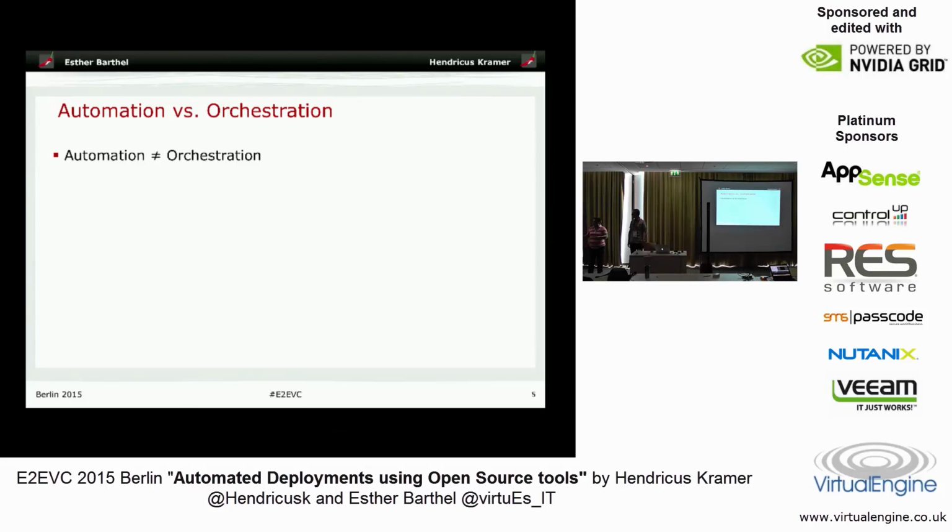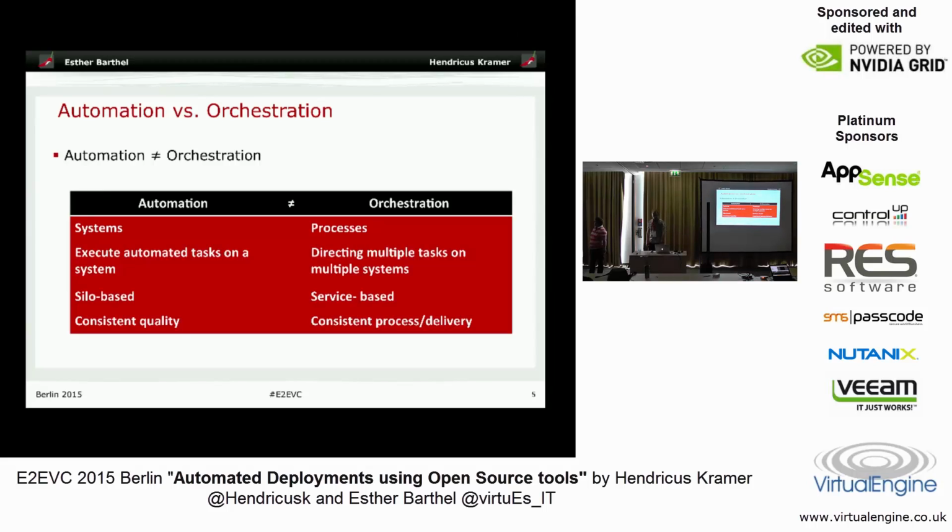So, automation versus orchestration. In my opinion, automation and orchestration are two completely different disciplines, themes, or ways of working, so to speak. And to make sure that we're all on the same level: for me, orchestration is much more about getting the whole workflow into a diagram or a process model, which covers a lot more systems and disciplines or techniques than just one small task, which for me is more what automation is all about.